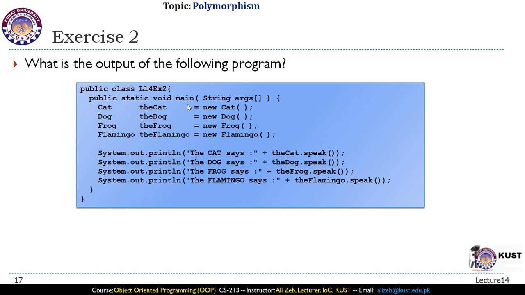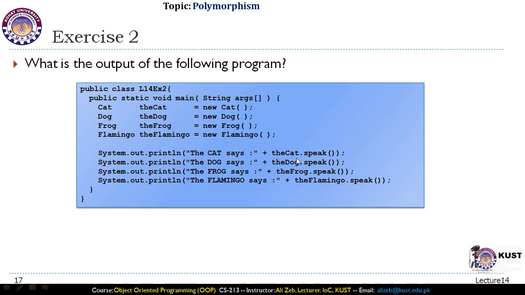What you have to guess is, these are the objects, and each object has been initialized by reference to its own class, and we are trying to print the output of a method polymorphically. They all share the same common method, the speak method, and what we need to guess is what should be the output when we call this method on the objects separately.